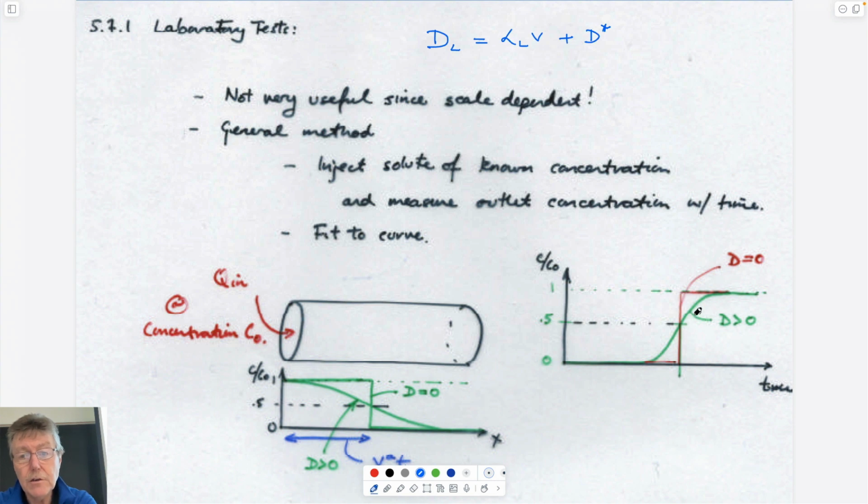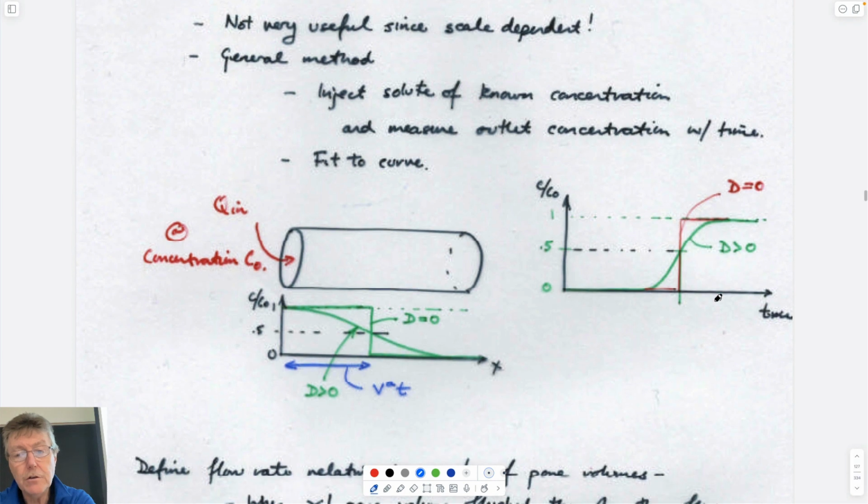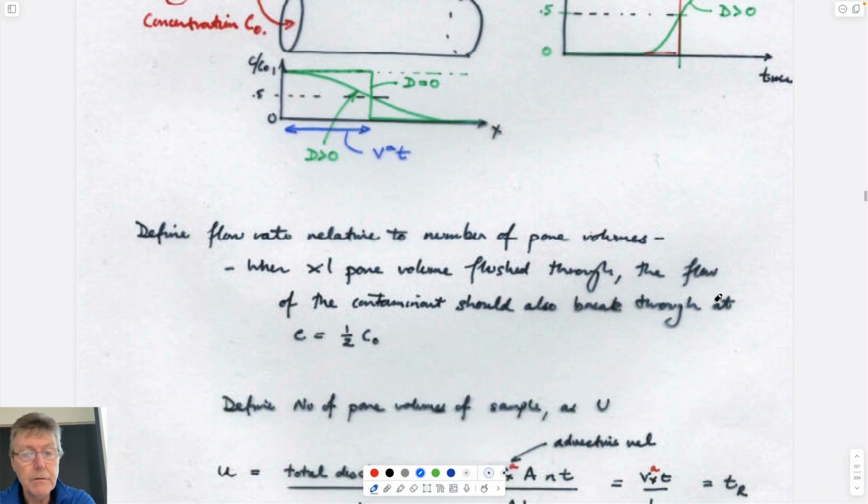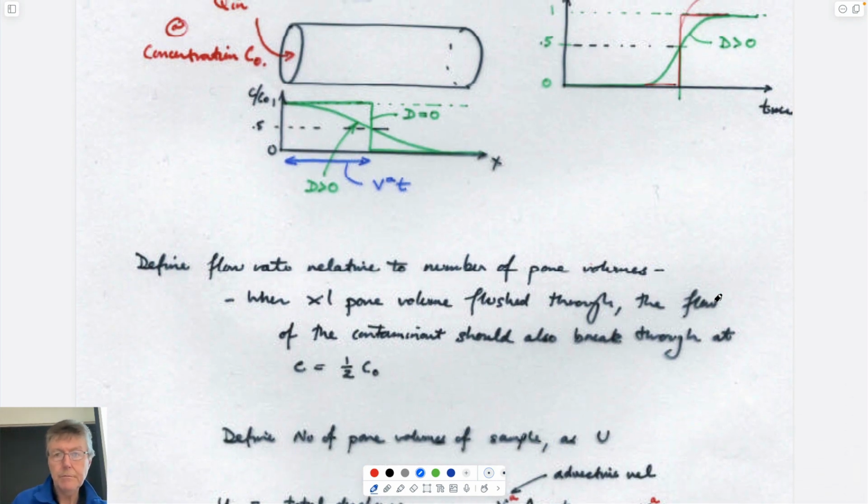So you get the curve at the outstream end of the sample. You fit it so you know exactly the Peclet number. If you know the Peclet number is equal to advective velocity, the length of the core, and dispersion, and so you know this from the curve fit.